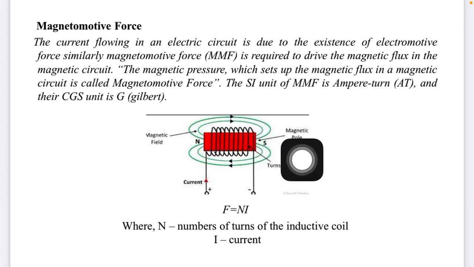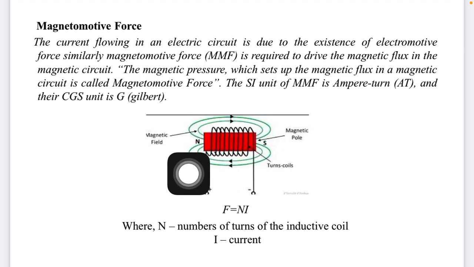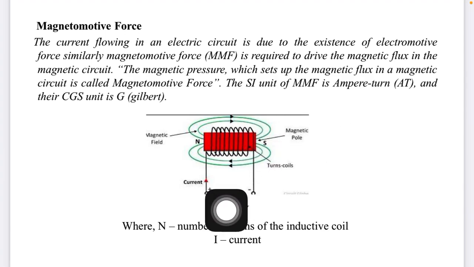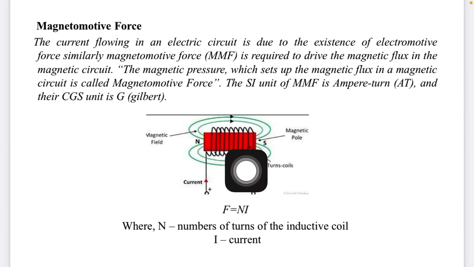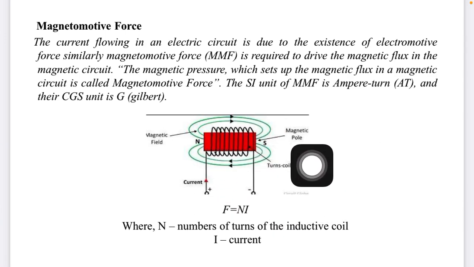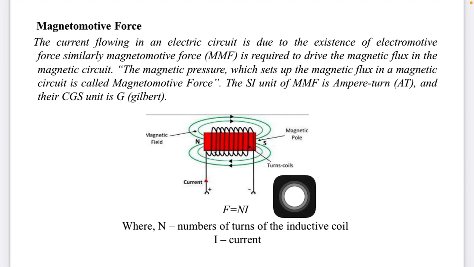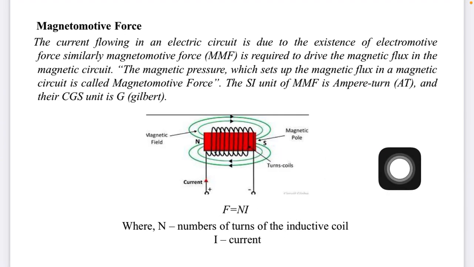So on the left side there is a magnetic pole, and on the right side a magnetic pole. We give the current, so these are the polarity of positive current, and after the winding it's a negative current. So force is exerted, which is exactly called F equals Ni. So we can say if the current is increased, force is increased, and if the number of turns is increased, force is increased, right?